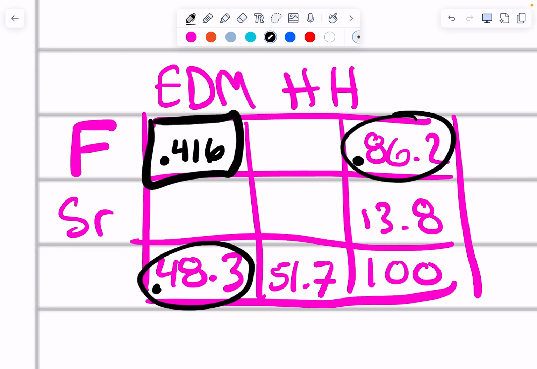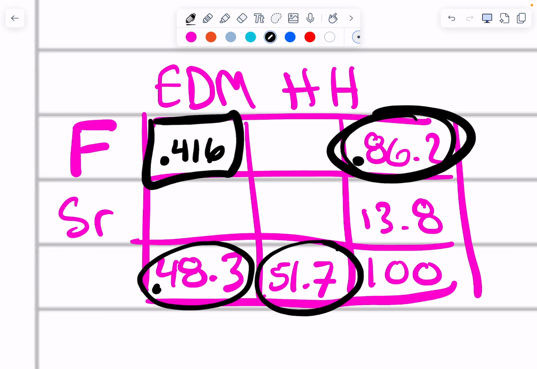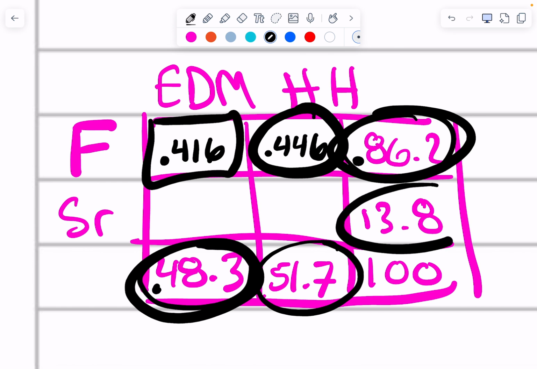Now I'm going to do the same thing again. I take 0.862 and multiply by 0.517, and that should go right here. That's 0.446. Now I'm going to do 0.483 times 0.138, and that should go here.